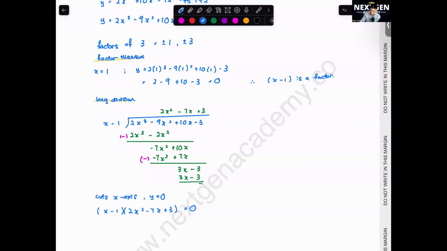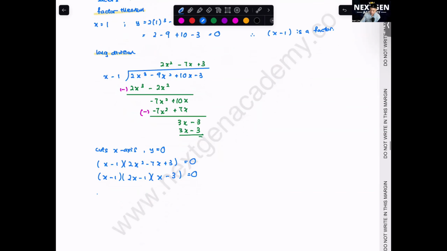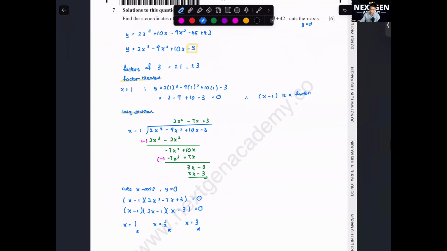This is the y value, then we equate to 0 and factorize it: x minus 1, 2x minus 1, x minus 3 equals 0. Take each bracket equals 0. So x equals 1, x equals 1 over 2, and x equals 3. These are the three answers. We call them the roots of the equation.